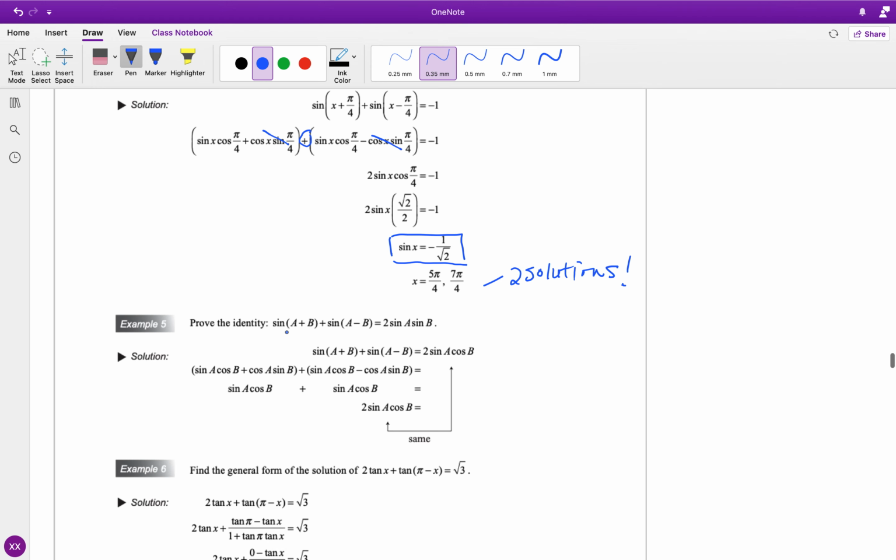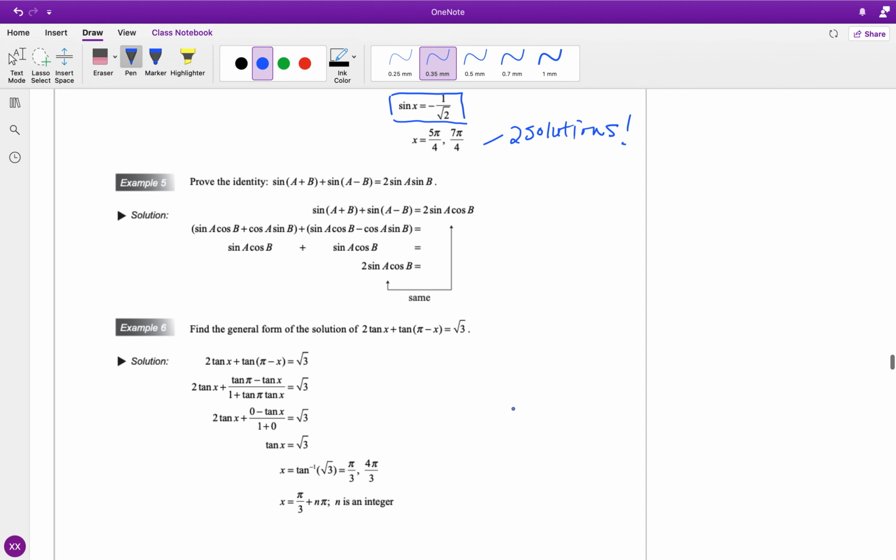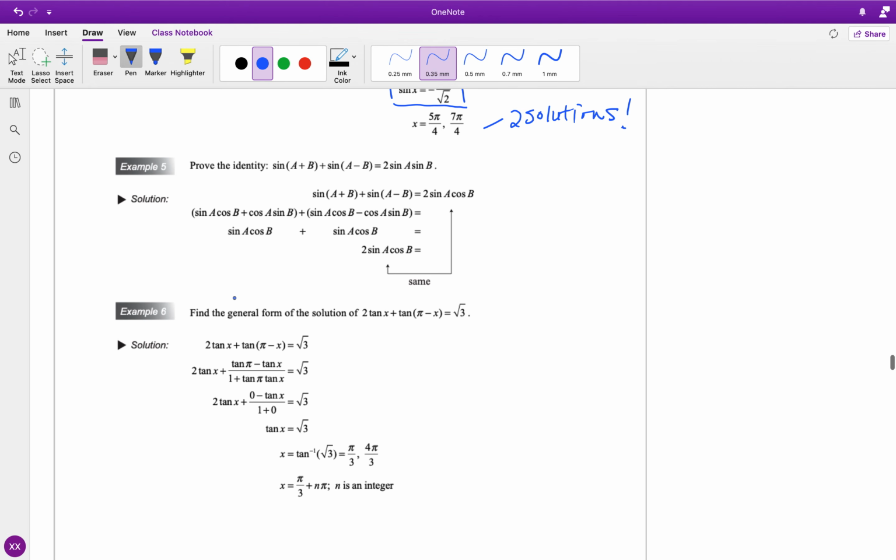So here, the sum of the two angles, the difference of the two angles, and in the end, you got the sum of sine A and sine B. Same thing, you break it out, and you get to here, and that means this one equals that one, okay?